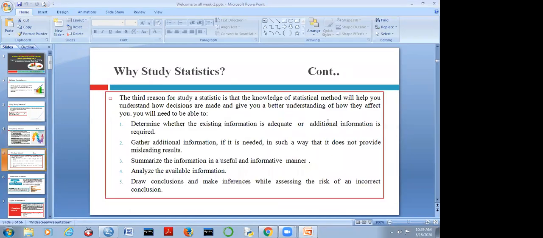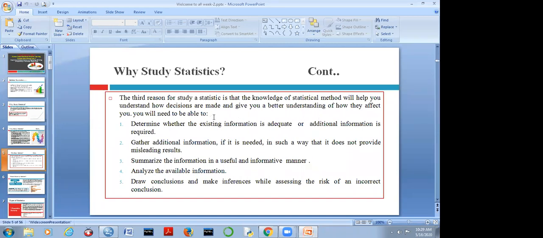Another reason I will tell you. The third reason of the study of statistics is that knowledge of statistical methods will help us understand how decisions are made and give you a better understanding of how they affect you.